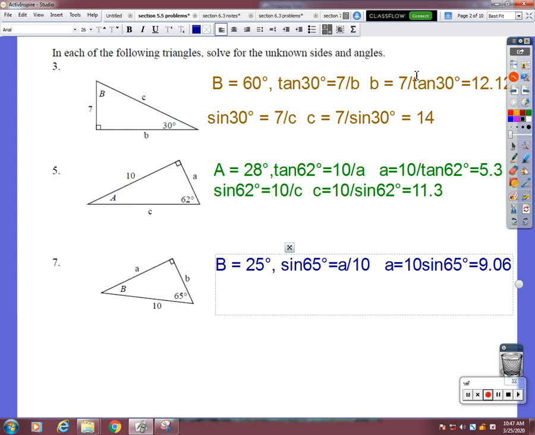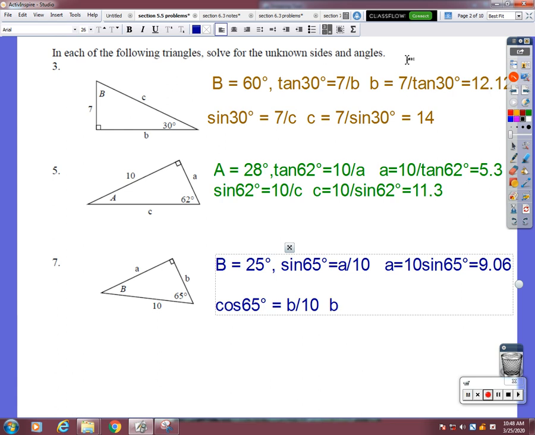Okay, so now I still have to find side B. So if I use 65 degrees again, hypotenuse is 10. This time the side that I'm looking for is the adjacent, so that's going to be cosine. So the cosine of 65 degrees equals the adjacent side B divided by the hypotenuse.